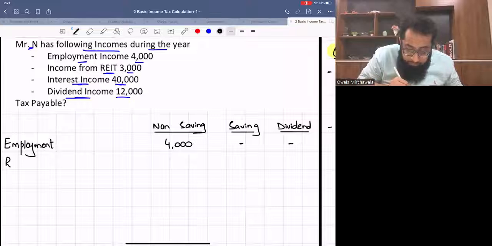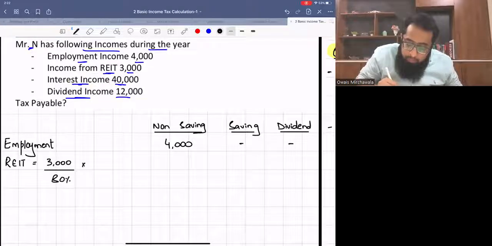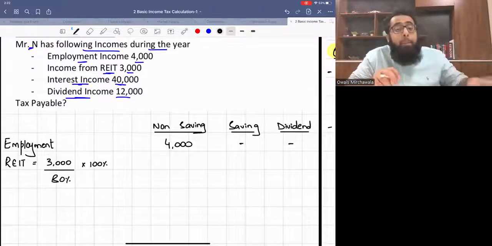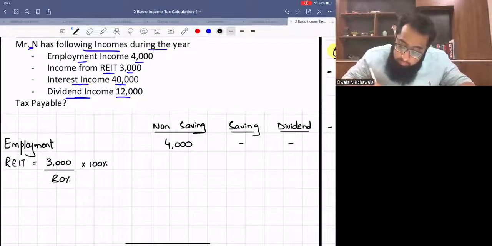Then the real estate investment trust has 20% withholding on it, so 3,000 divided by 80 into 100 gives us 3,750.